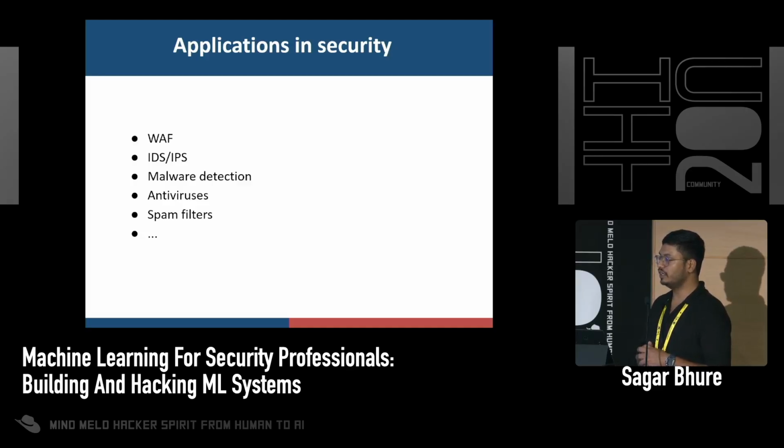That's where machine learning is probably one step ahead of the signature-based or rule-based engine, and it tries to predict a signature which has not even been discovered, flagging it as a malicious login activity or as malicious malware.